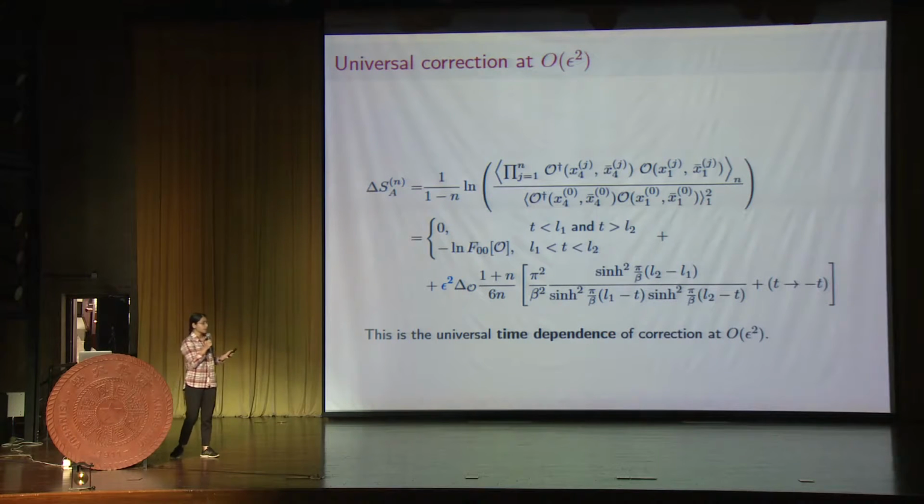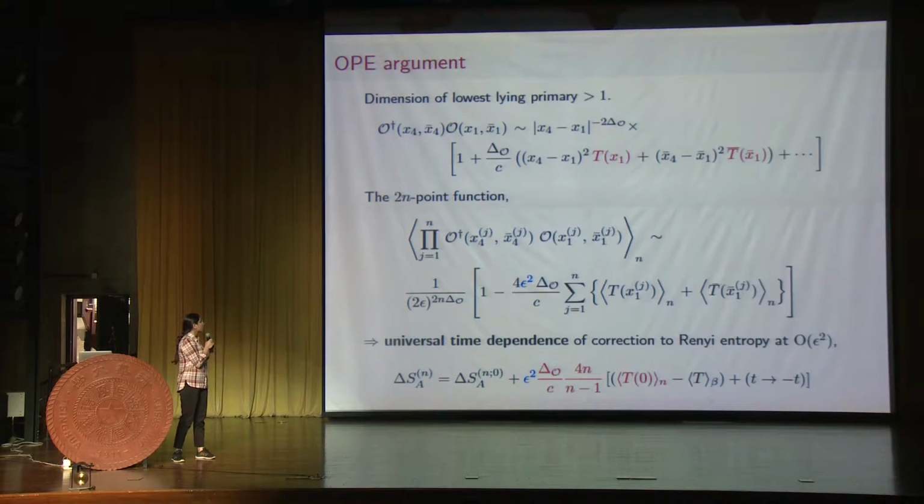To evaluate this, the 2 endpoint function of these operators on the n-sheeted Riemann surface is evaluated by considering the OPE expansion of 2 operators on one sheet. We consider theories where the dimension of the lowest light primary is greater than 1.